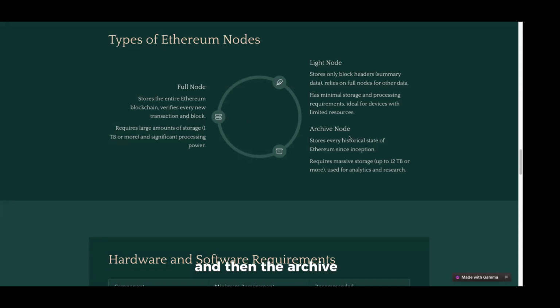And then the archive node, which basically stores historical data. Let's say you built a blockchain 4 years ago, and you went live, and people have been sending transactions for the past 4 years until now.